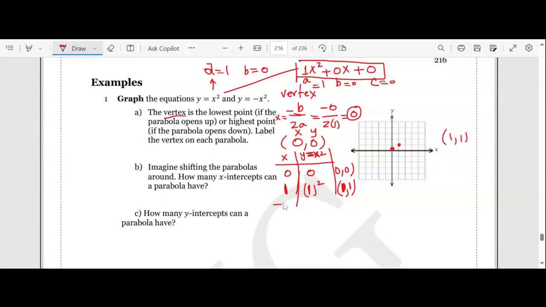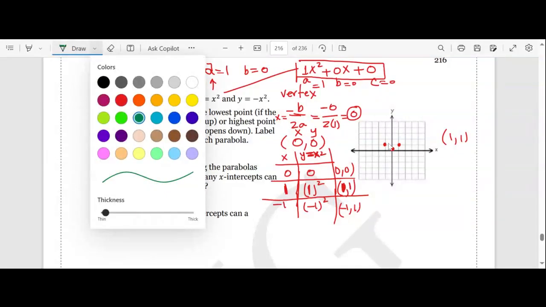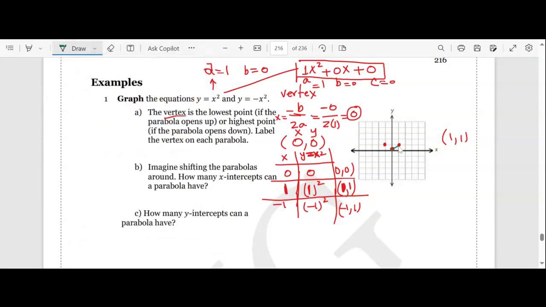So what if I put negative 1? How much is y? Negative 1 and 1. So the other point is here. So how many points do you have? 3 points. So who can tell me what the graph looks like? It's a curved shape like this, right?